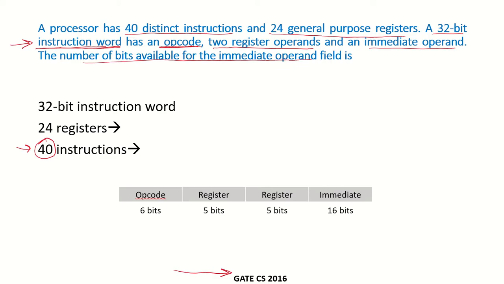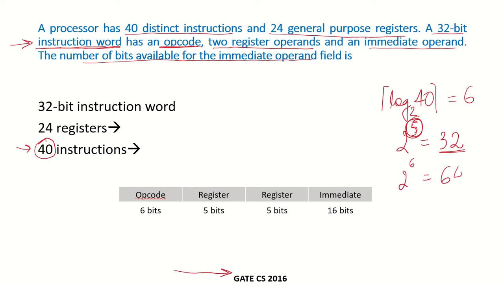The number of bits would be the ceiling of log of 40, which comes out to be 6 bits. 2 to the power of 5 is 32, so with only 5 bits we can encode at most 32 instructions. 2 to the power of 6 is 64, so 40 instructions can be encoded using 6 bits. We require 6 bits for the opcode.